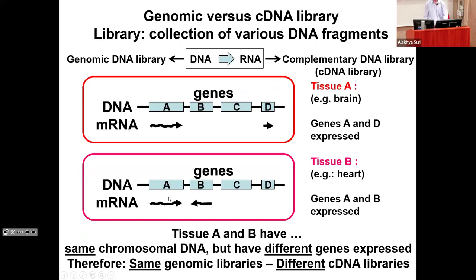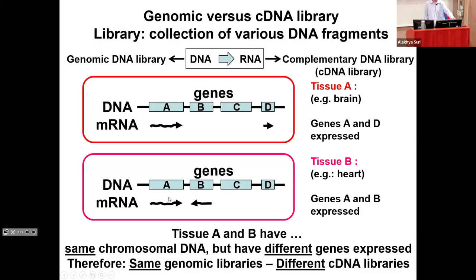One would be a genomic DNA library, which is a collection of DNA fragments throughout the whole genome. So that would cover all genes present in the DNA. In contrast, a complementary DNA library or cDNA library is a reflection of the RNA present in the cell. So that could be different.